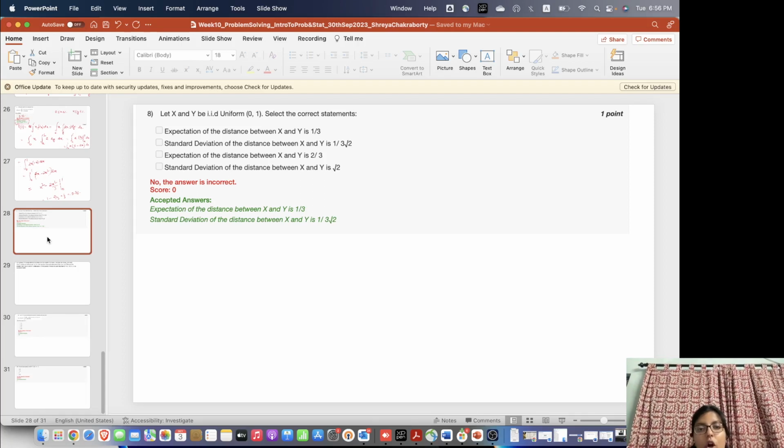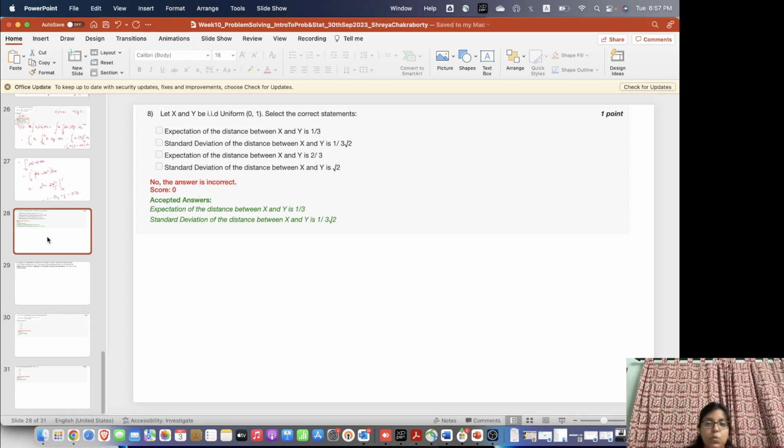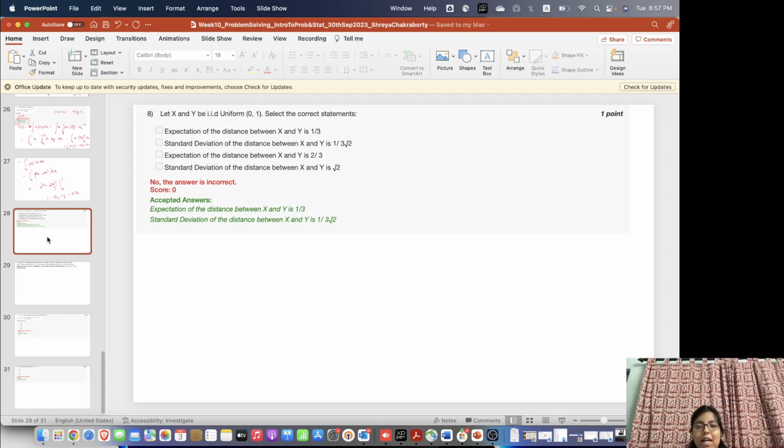Standard deviation of the distance between x and y is 1 by 3 root 2. Expectation of the distance between x and y is 2 by 3. Standard deviation of the distance between x and y is root 2.